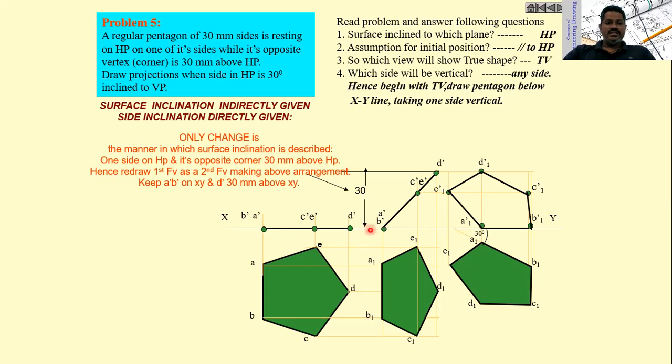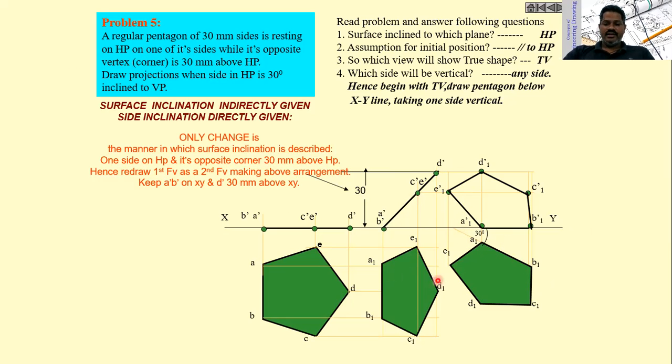Now, the other condition given in this problem is one end of this pentagon is making an angle of 30 degrees with the vertical plane. Draw a line at an angle of 30 degrees. Then take the compass, take the A1, B1 length and transfer the side A1, B1 on the inclined line at an angle of 30 degrees.